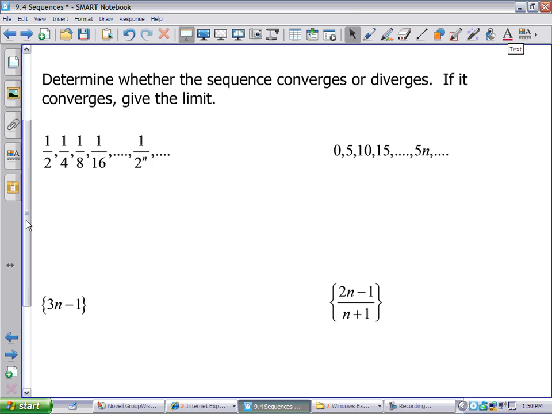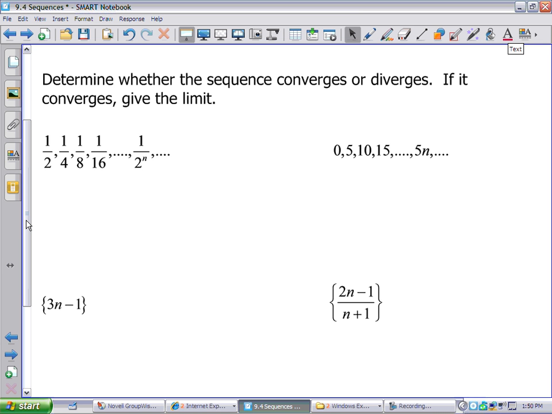If you notice the first one here, you've got 1/2, 1/4, 1/8, 1/16, and it continues on until you get to 1 over 2 to the n power. Well, the higher that exponent gets, the closer this number is going to get to 0. Right now this is 2 to the first, 2 to the second, 2 to the third, 2 to the fourth, 2 to the fifth would be 1 over 32, 2 to the 6th would be 1 over 64.